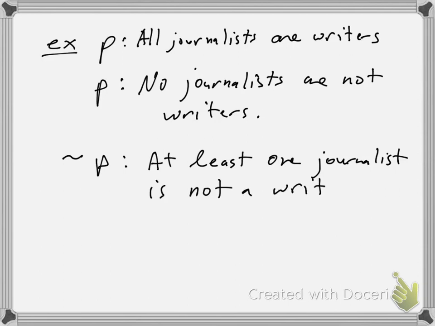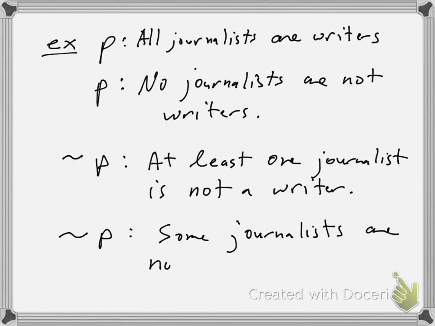Correct? Couldn't I say that? Because as soon as I show that there's at least one journalist that is not a writer, I've proven the statement wrong, that all journalists are writers. Another way to write this, not P, is I could say some journalists are not writers. That's how I would negate that statement. Okay?